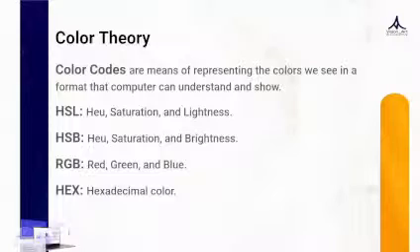So we have color codes to represent our colors in a form the computer will understand. If you hear something like hash BEC309, don't be surprised or shocked. That's a color code that the computer understands.